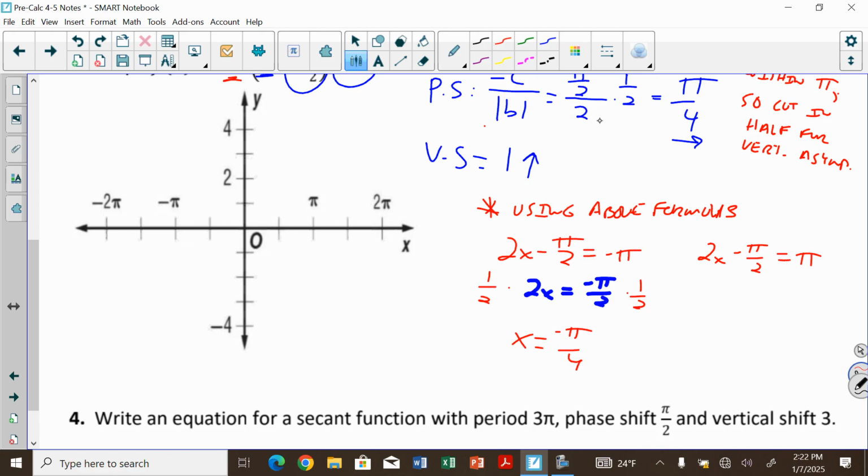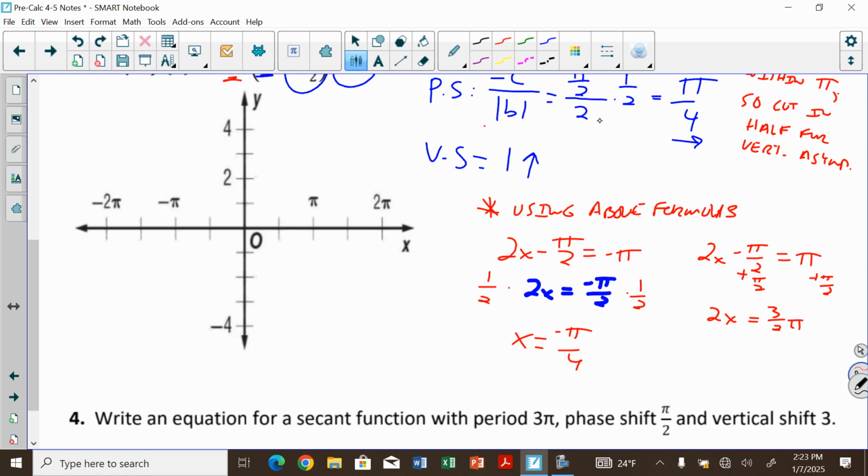On the other side, basically I'm adding the pi over 2 to the other side. So, add pi over 2, add pi over 2. I skipped that step on the last one. So you have 2x equals pi plus pi over 2, which is 3 over 2 pi.